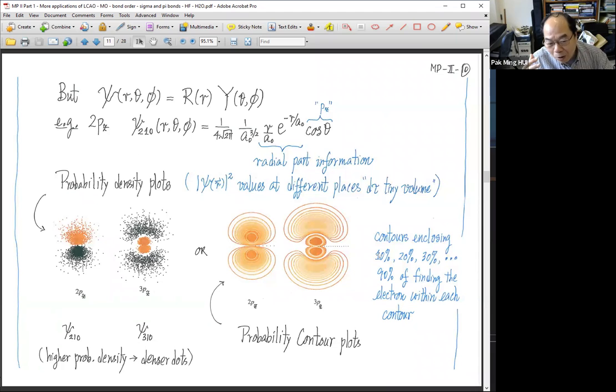So the smaller contour will be 10%, 20%, and so on. So the bigger one will be 90%. 90%, that is the region, that 90% probability the electron resides inside, okay? So both ways, you see, if you do that, you have more details about the atomic wave function.